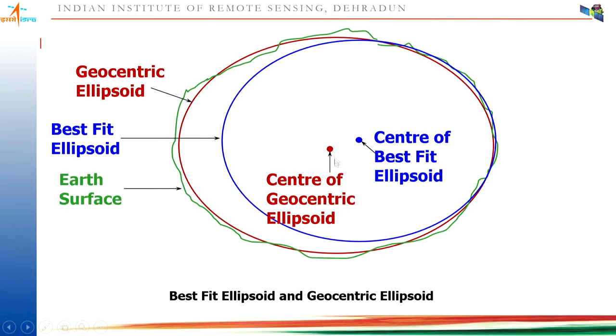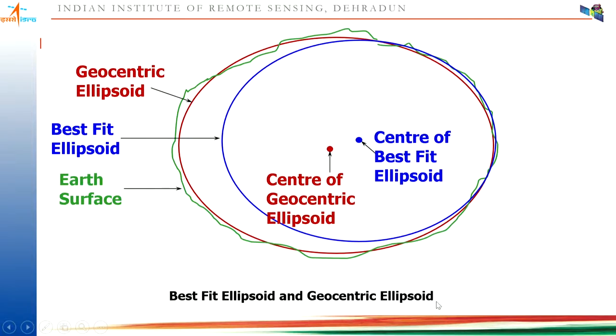And the center of the geocentric ellipsoid, that red one, coincides with the center of the earth. But the center of the best fit ellipsoid may not, and how much it is away from the earth center depends on the ellipsoid. So that kind of best fit ellipsoid and geocentric ellipsoid we can define.